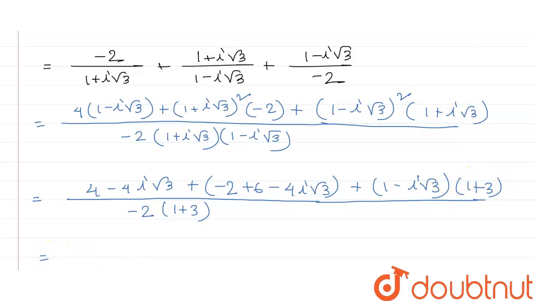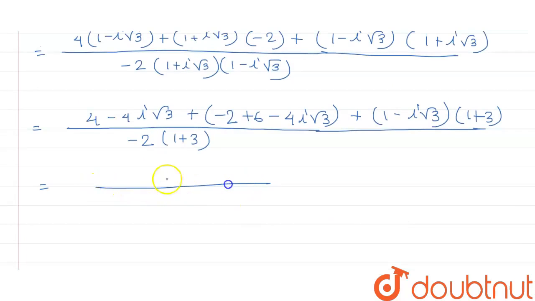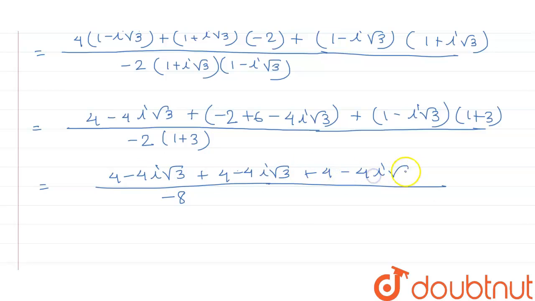So we get 4 minus 4i root 3 plus 4 minus 4i root 3 plus 4 minus 4i root 3. So 4 plus 4 plus 4 equal to 12 minus 12i root 3 by minus 8.